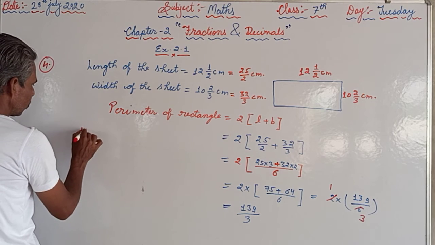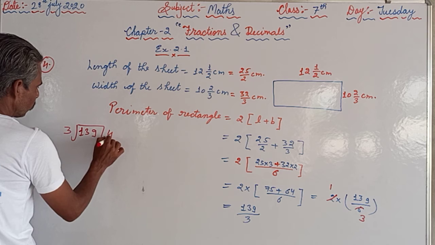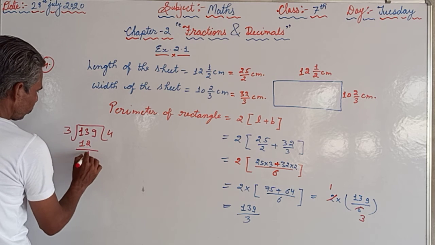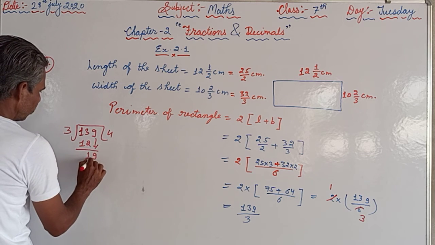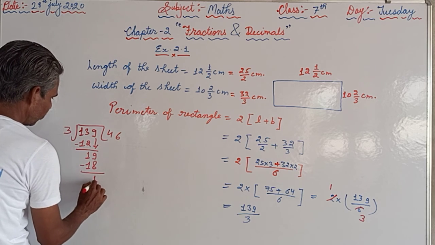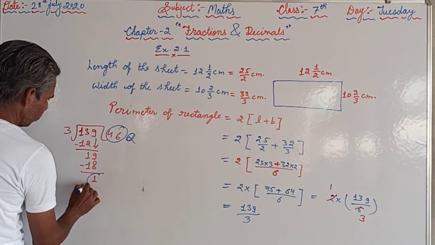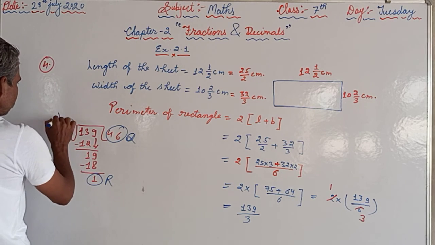So 139 divided by 3. 3 4 12. 1 remaining 9. 3 6 18. Again 1 remaining. So this is the quotient, this is the remainder and this is the divisor.